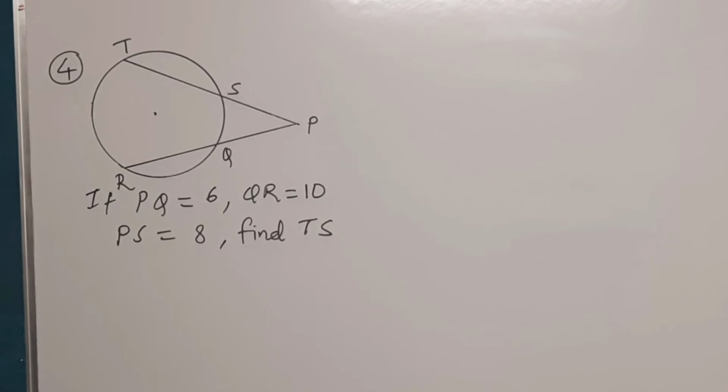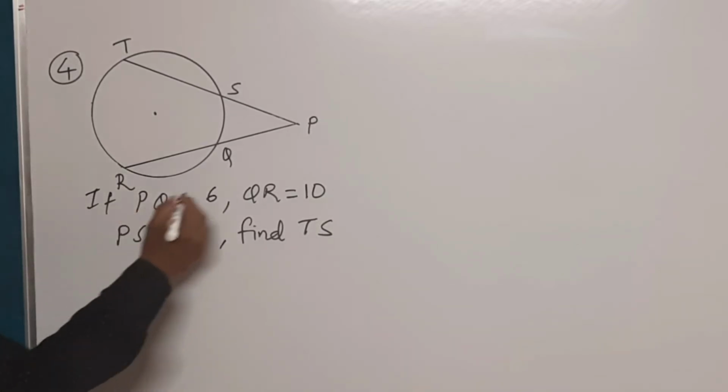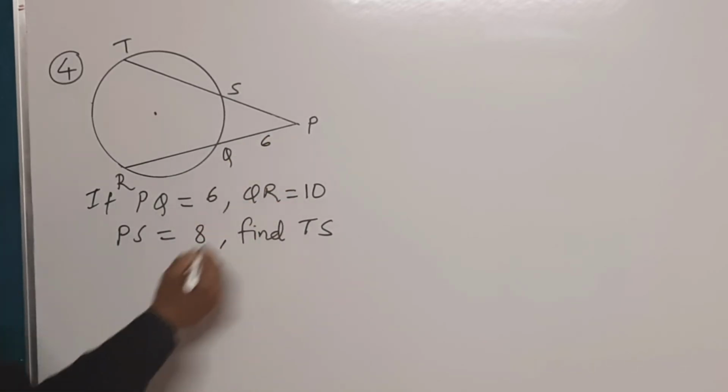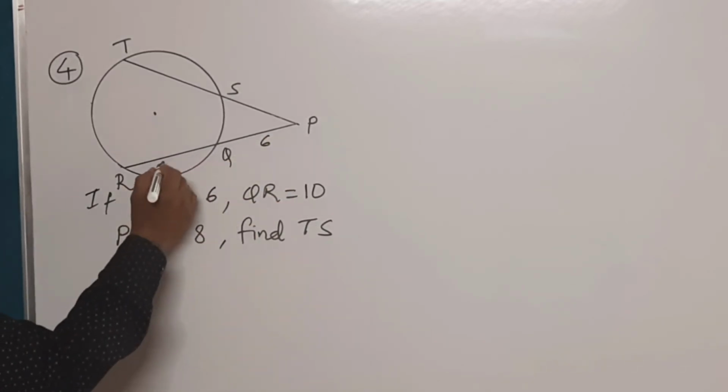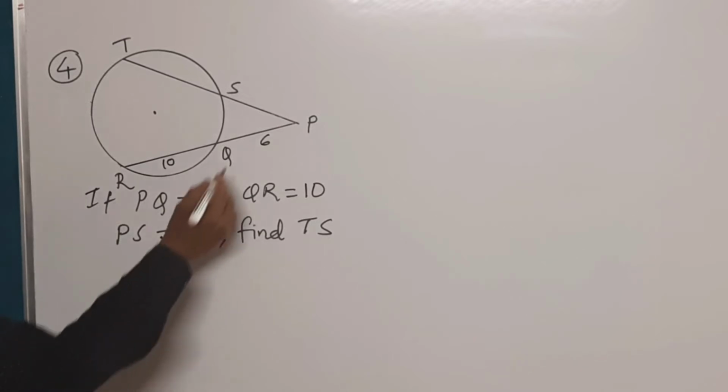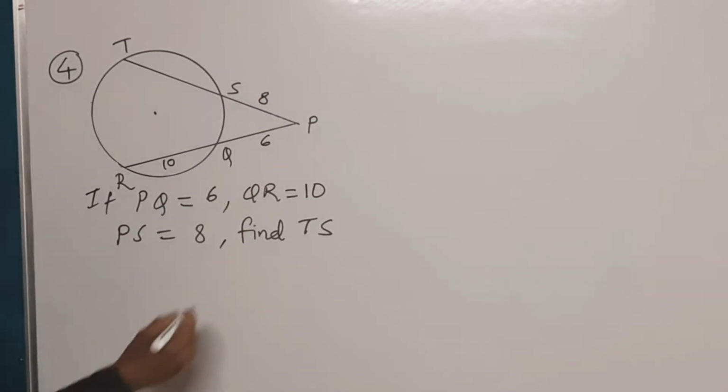Fourth example. In the given figure, PQ is equal to 6, QR is equal to 10, PS is equal to 8, find TS.